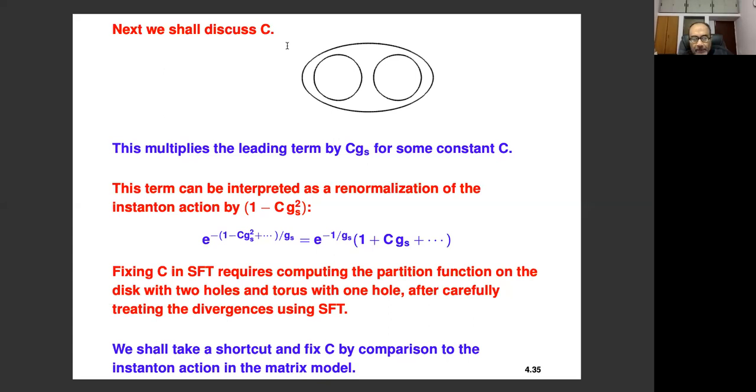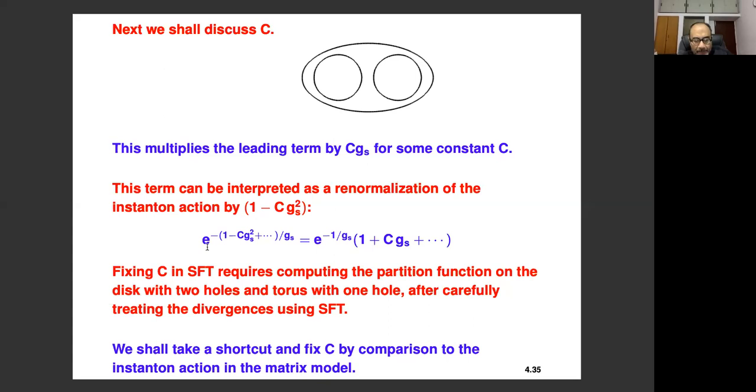First of all, let's see what this amplitude does. If you denote this contribution as C times Gs, then what it does is it takes any amplitude and multiplies the leading term by C times Gs. Now this can also be reinterpreted as a renormalization of the instanton action.